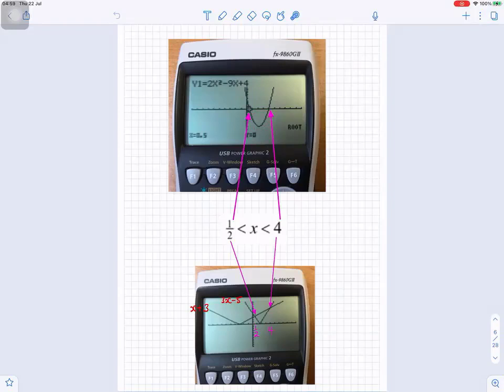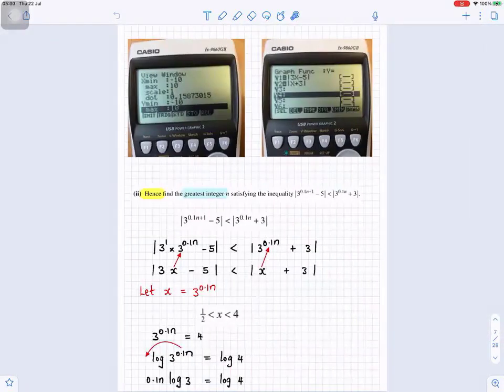And if you had done the graph from the absolute value equations, that's |3x minus 5| and |x plus 3|, between a half and 4 is when x plus 3 is bigger than |3x minus 5|, just that point there. So when you do it on the graph, you make sure you have the absolute value of 3x minus 5 and the absolute value of x plus 3, and you use that scale for the x and y axis.